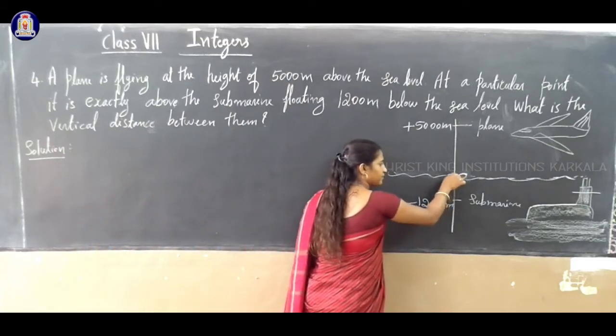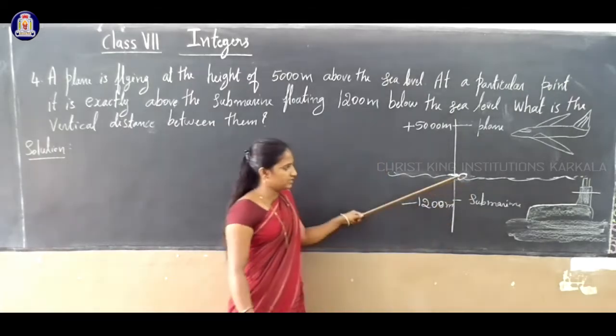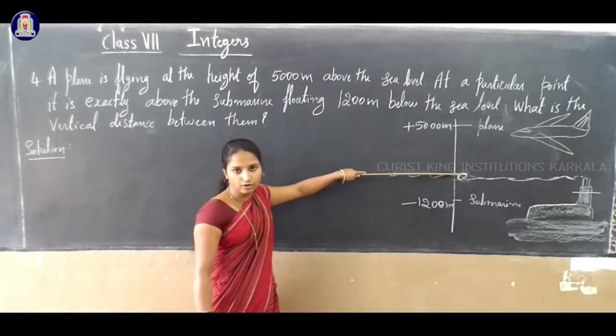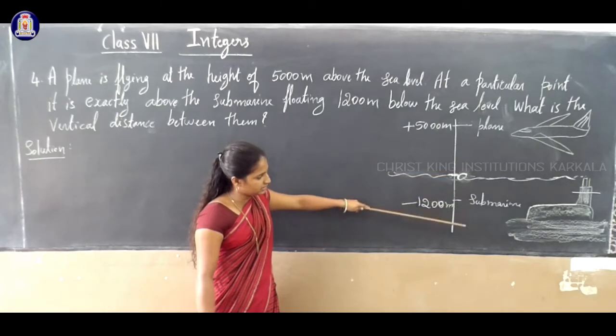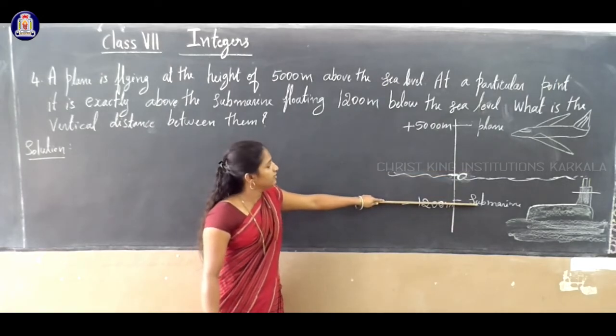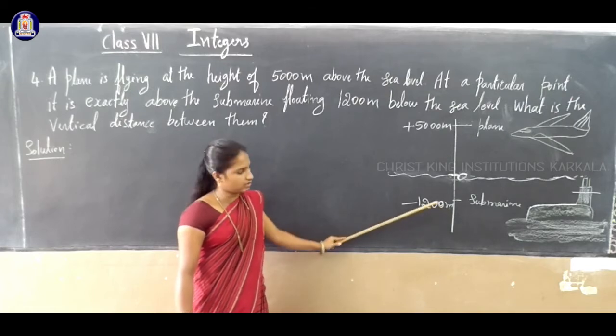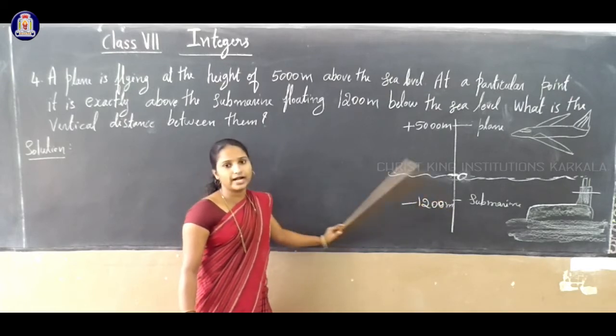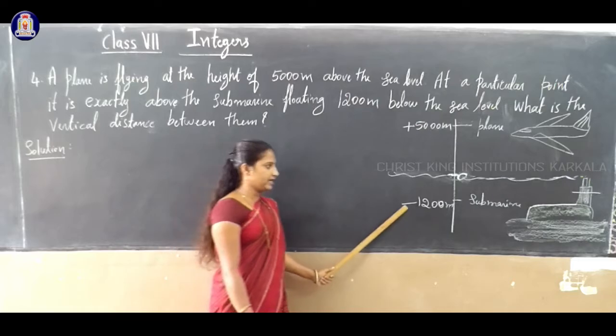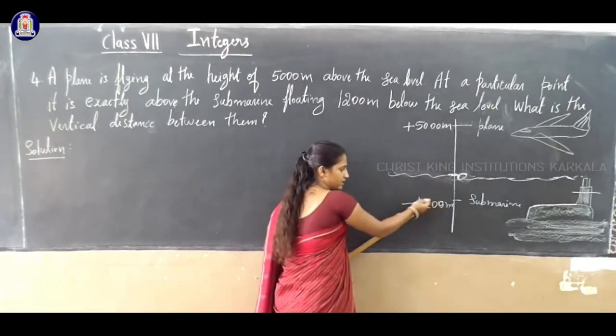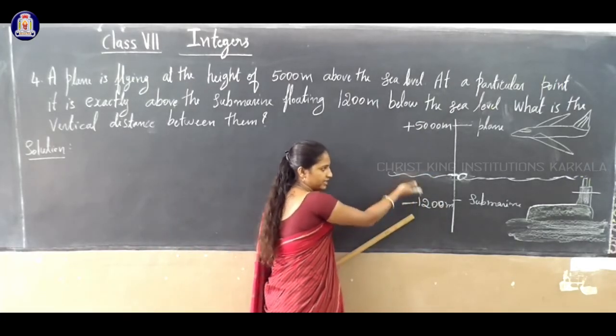Because this is below the sea level. The initial point is 0, right? So below the sea level, the submarine is floating at a distance of 1200 meter, so you consider minus, a negative integer.